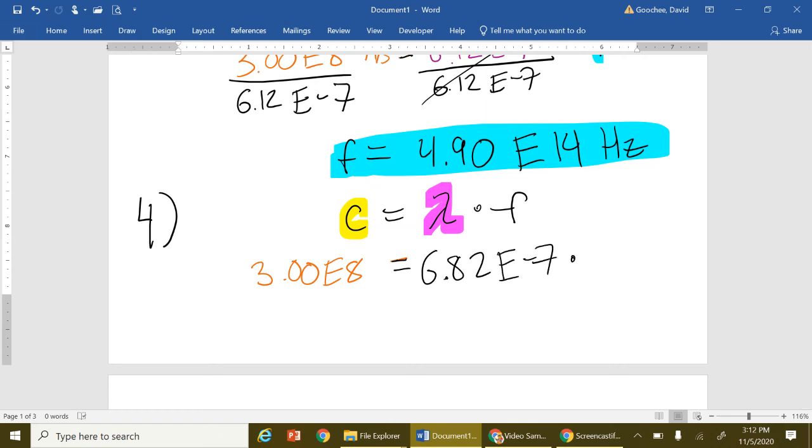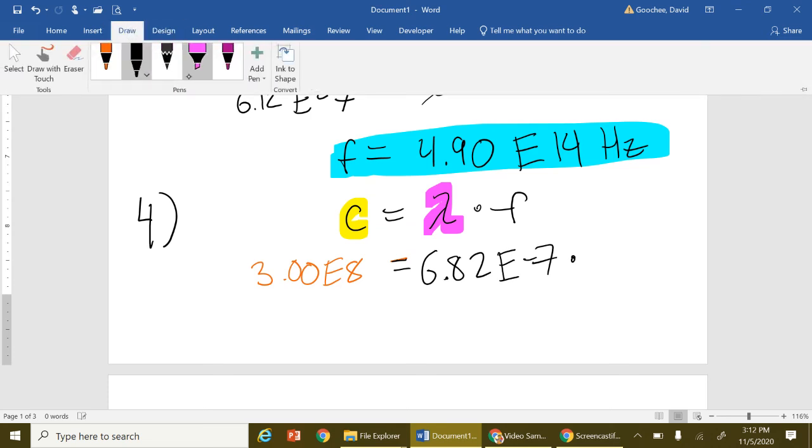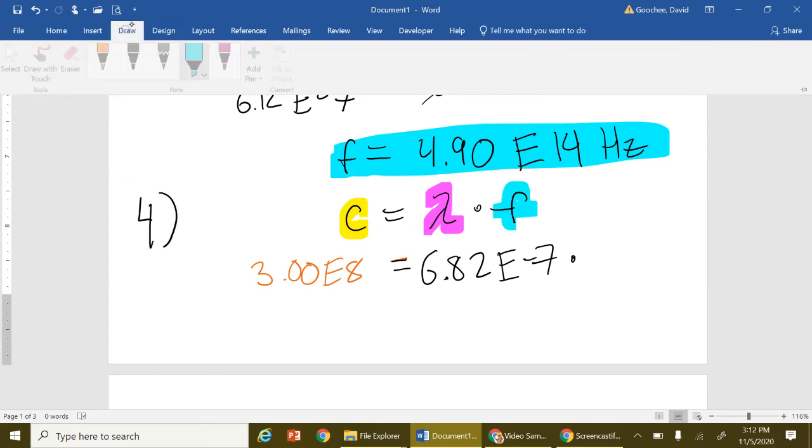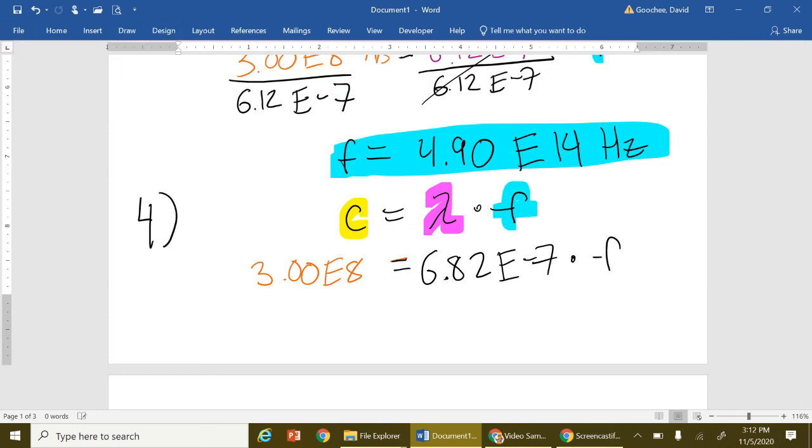And then you have to find the frequency. Okay, so once again, this is the exact same thing. To get the frequency by itself, we have got to divide both sides by the wavelength. It cancels over here.